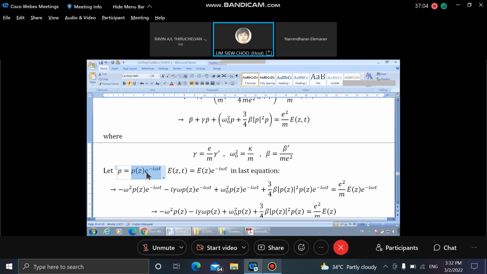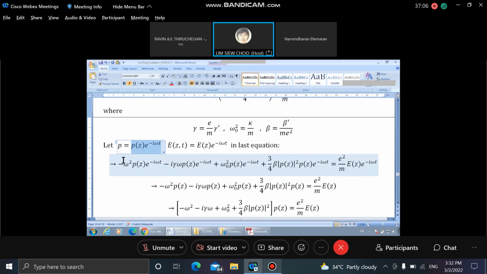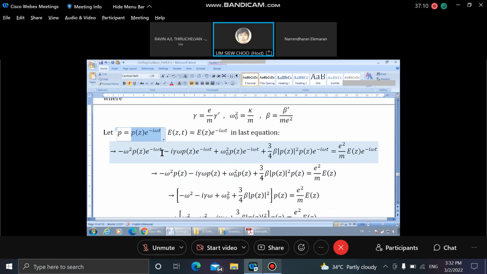And after this, we just simplify. Simplify means that you can delete all these exponent I omega. Delete this, so you can get this.